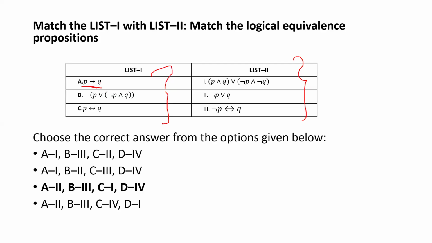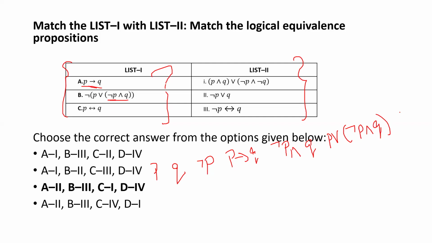So I will tell you now how to create the table only. First you can see the input P, Q. I also need negative P. Next, P implies Q. Next, I need to find first the negation of P, and Q. And we need to find P OR Q, and P AND Q. So all three join together; for this I am going to apply, for example, taking X, negation of X. Then I need to find P bidirectional Q also.